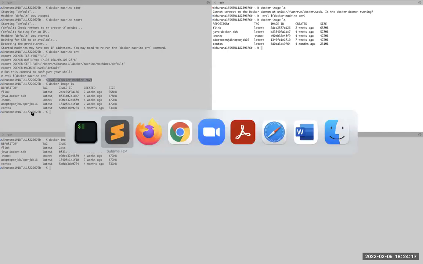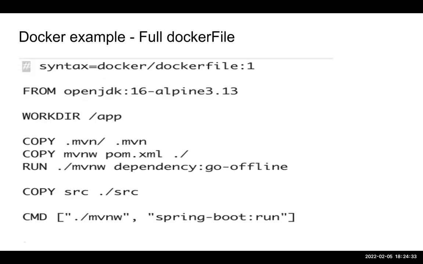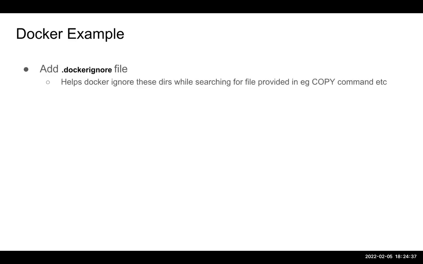That's about the Docker setup and seeing the Docker image. I will go through a couple more commands in sequence. You can clone this application from this repository. Send me your GitHub ID if you don't have access to this. It's a private repository. I'll give you the access. You will see the same thing in the Dockerfile which I showed you.